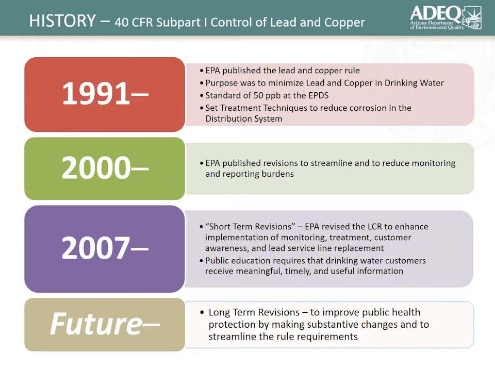A lot of that entailed the water systems being more transparent with their customers, providing more meaningful and expedited public education, and also giving the states, such as ADEQ, more rule language to enforce treatment and to evaluate treatment to control for those lead and copper releases from premise plumbing. And right now, what we have to look forward to is the long-term revisions, which I'm going to go over shortly.